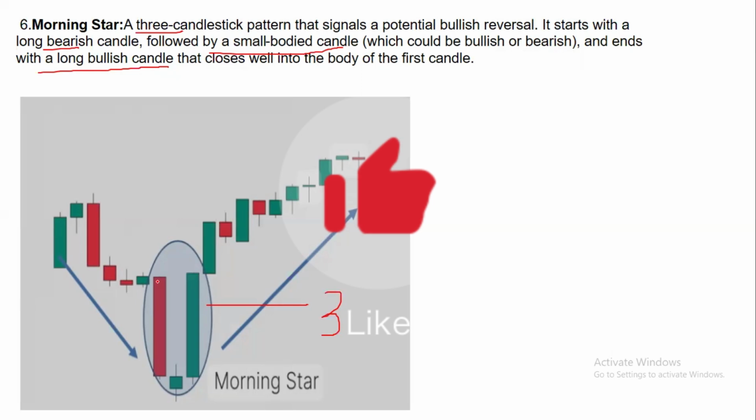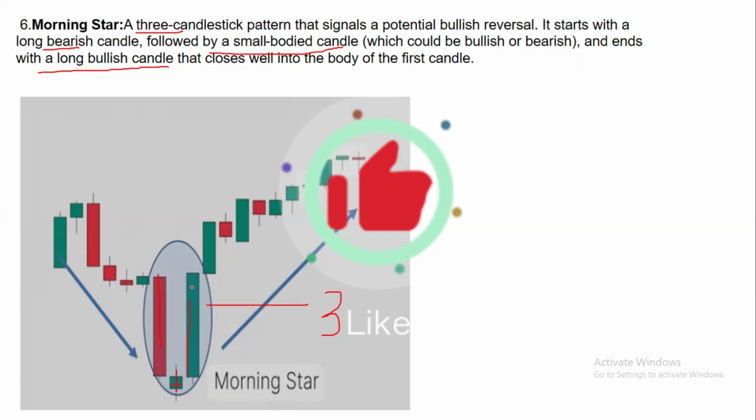So the morning star is a 3 candlestick pattern, right? It is formed by a long bearish candle followed by a small bodied candle. It can be bullish or bearish, it depends, right?